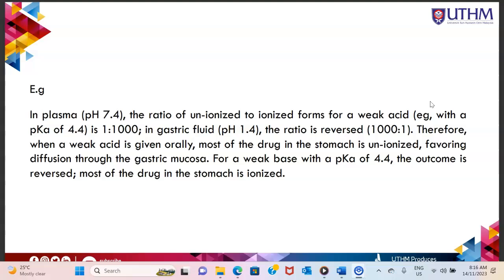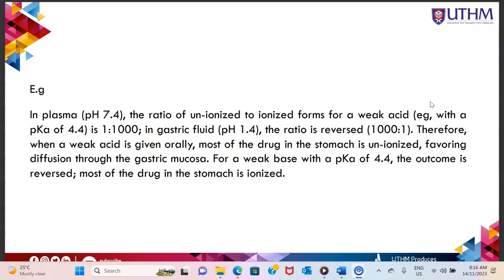So understanding this principle is crucial in pharmacology, particularly in predicting and optimizing the absorption of drugs when administered orally. It helps in designing drug formulations that consider the physiological conditions of the gastrointestinal tract to enhance the drug bioavailability.